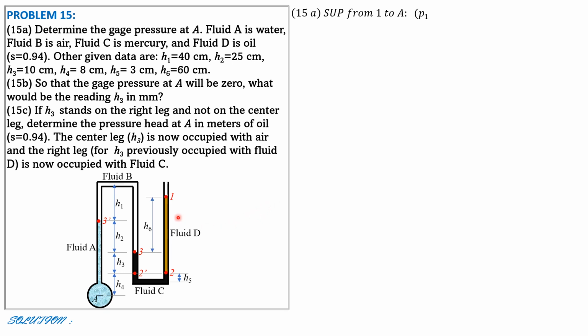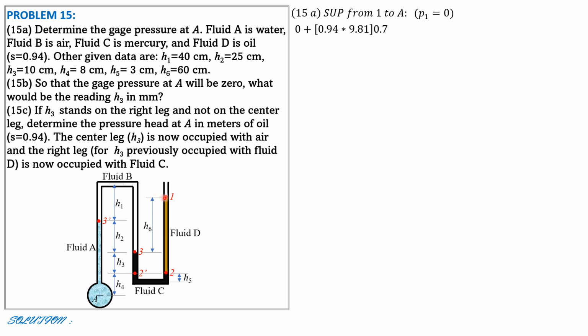So first, from 1 to 2. Take note, pressure at 1 is 0. So 0 plus 0.94 times 9.81 times H6 plus H3. H6 is 60 cm, then H3 is 10 cm, so 70 centimeters. So this total depth is 70 cm or 0.7 meter.